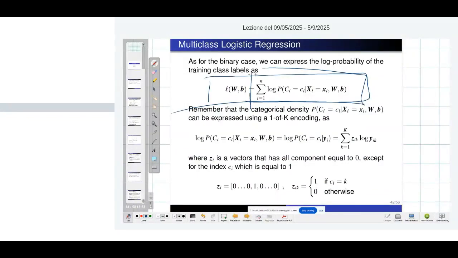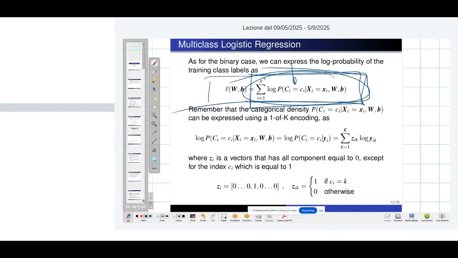We can optimize our model by optimizing the likelihood of the class labels given the feature vectors. So again, the maximum likelihood becomes a maximization of the logarithm of the class posterior probabilities given the feature vectors.